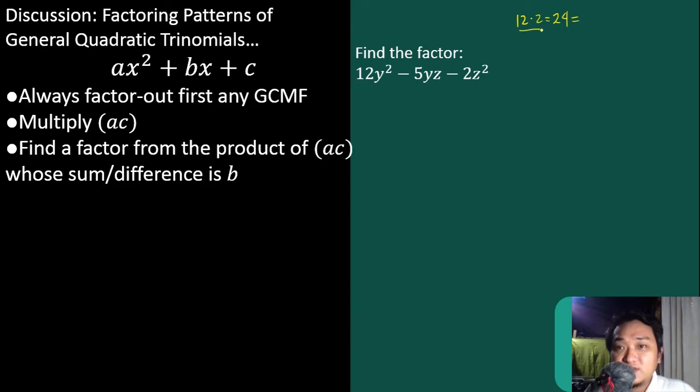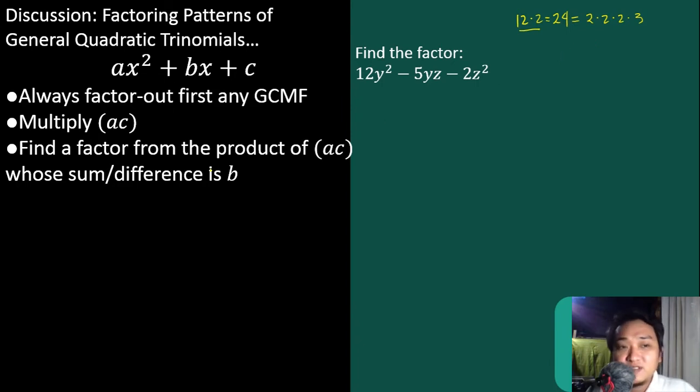So from this, para mas mababa na yung number, the factor of 24 is 2 times 12, tapos yung factor pa ni 12, that is 2 times 6, factor pa ni 6, that will be 2 times 3. So that is 2 times 2, 4 times 2, 8 times 3, 24.